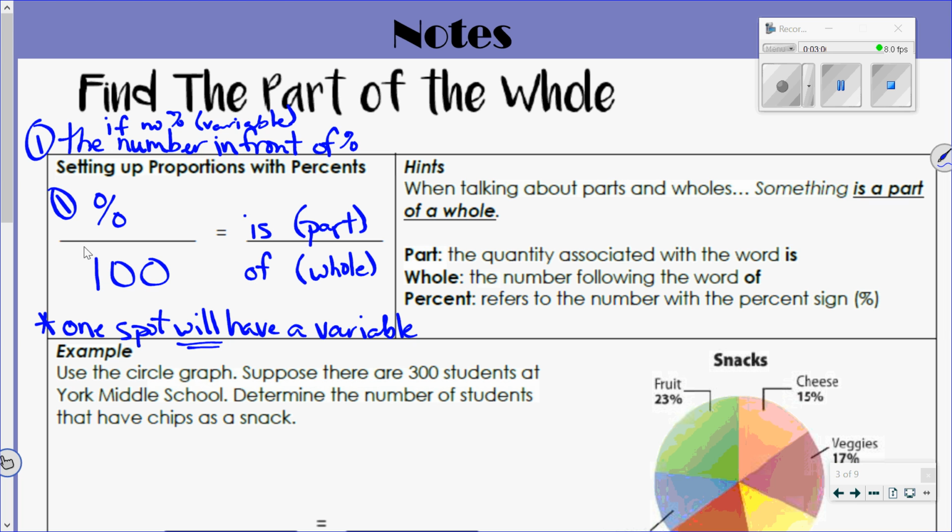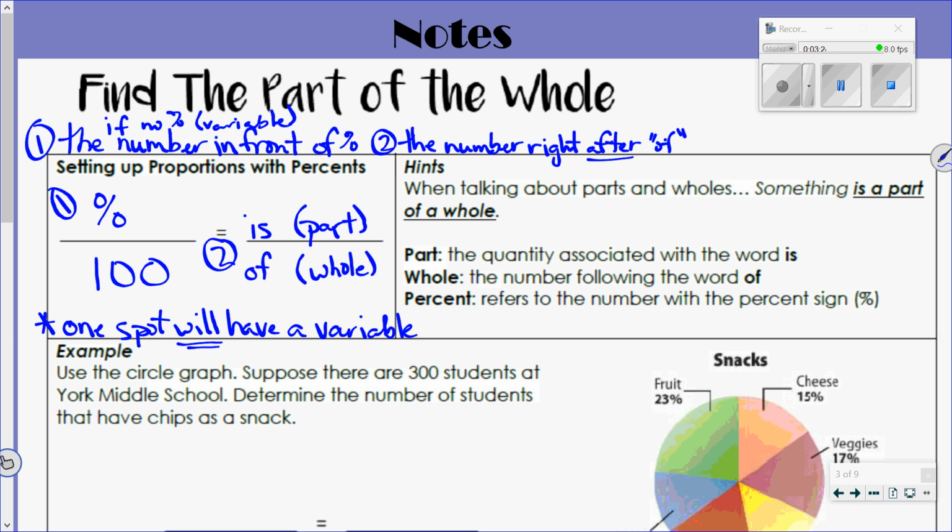The second thing we're going to do is actually the of. Okay? The reason is, the way that goes there is the number right after the word of.